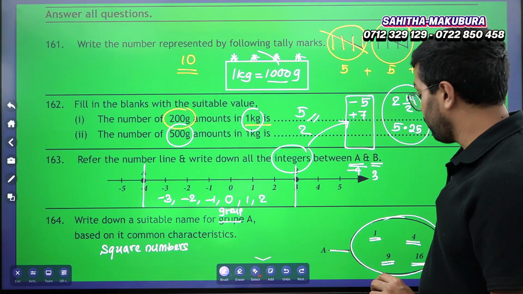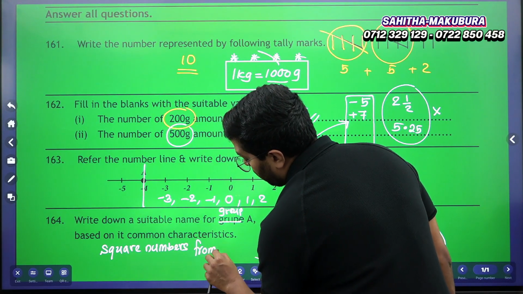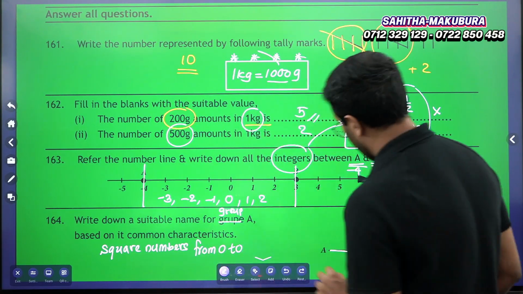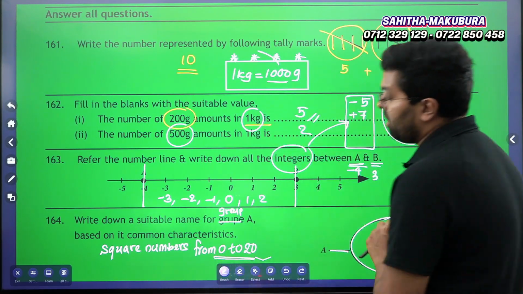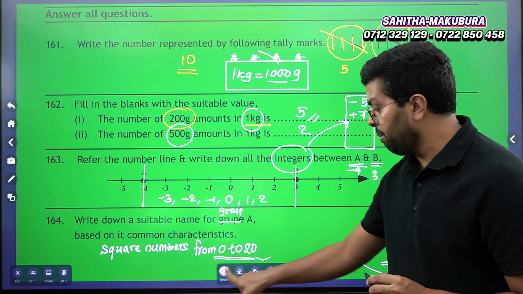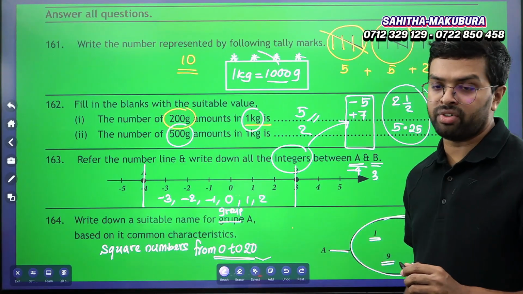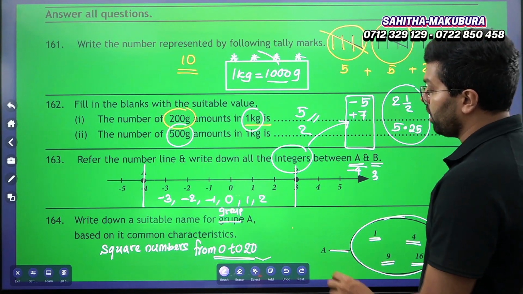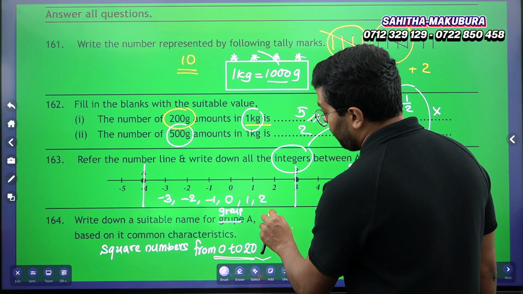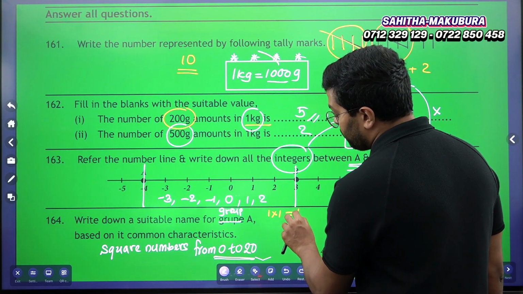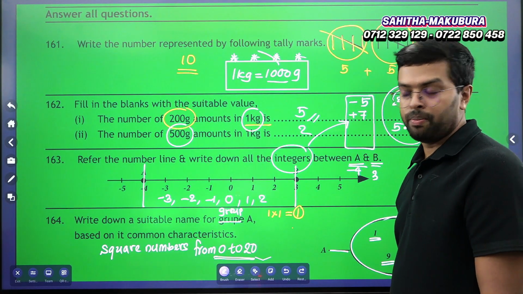So we have square numbers, let's say from 0 to 20. Shall we write down the first 10 square numbers? How are we going to get them? To get the first square number, you multiply 1 by 1, which is 1. That is the first square number.